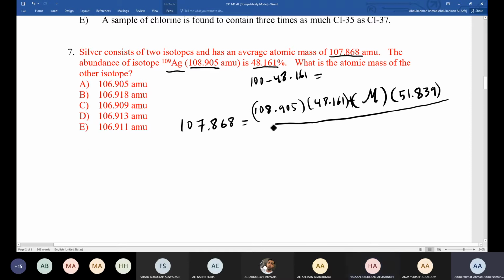All of this is divided by 100. Find M quickly.